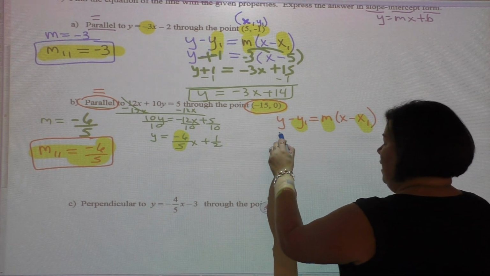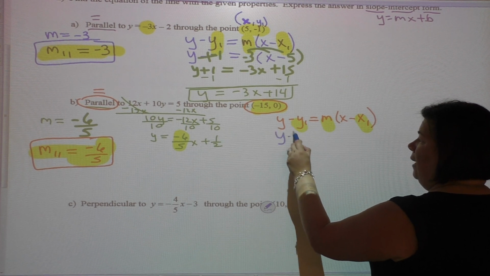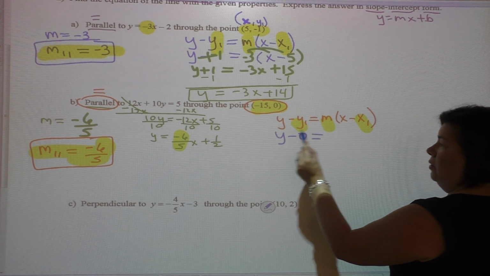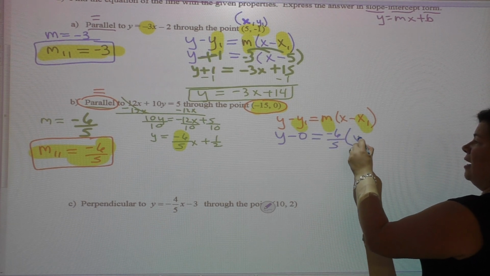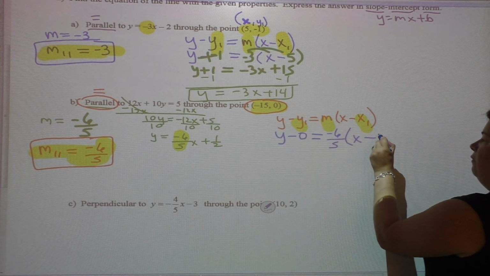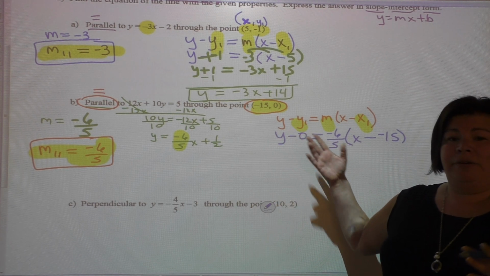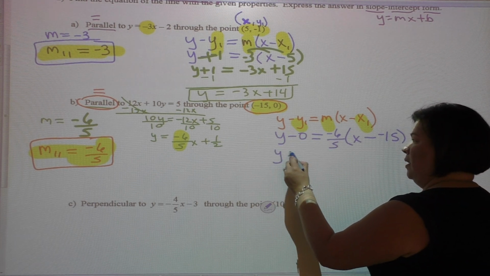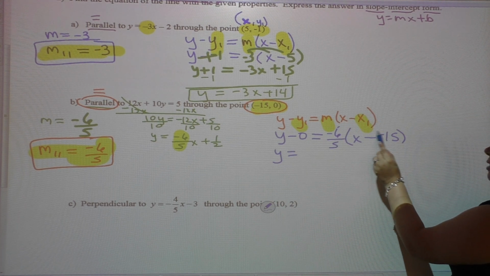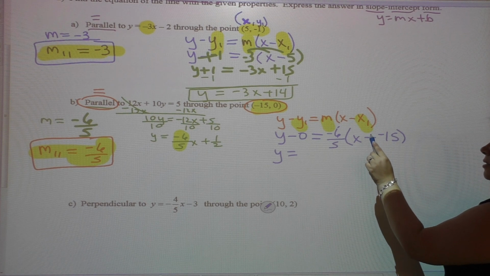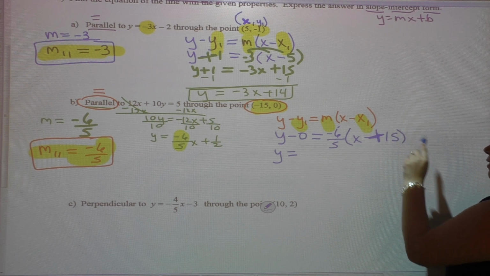So I'm going to go ahead and substitute in y minus 0 equals -6/5 times x minus -15. All right, so now simplifying. Y minus 0 is just y. -6/5 distributed. Before we do that, though, let's clean up what's in parentheses. X minus a -15 becomes x plus 15.